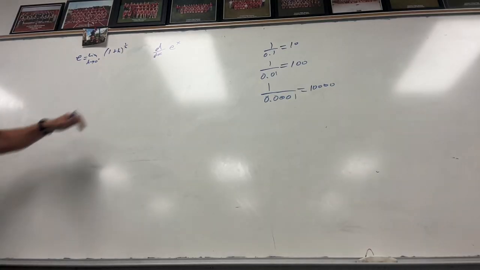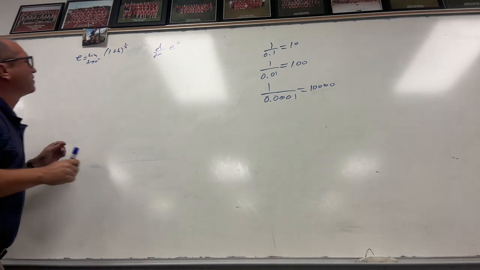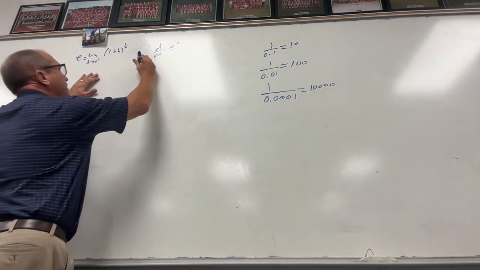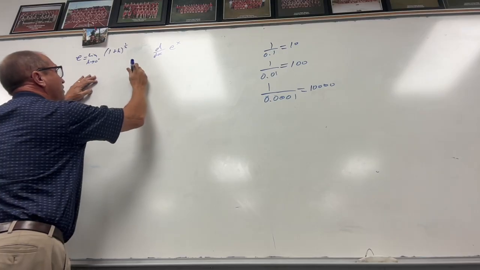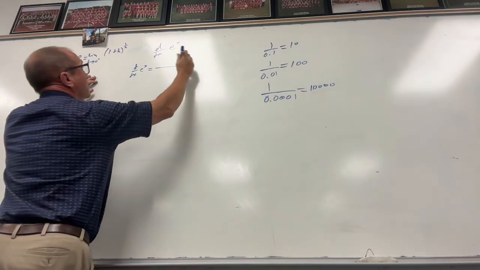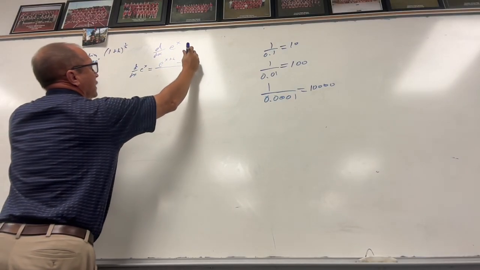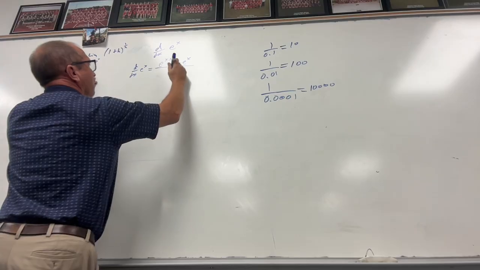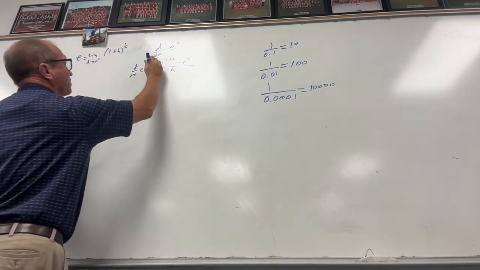Now, let's look at its derivative. And to do the derivative, I need to go back to the limit definition of the derivative, which says that the derivative of e to the x is the limit as h approaches 0 of e to the x plus h minus e to the x, over h.